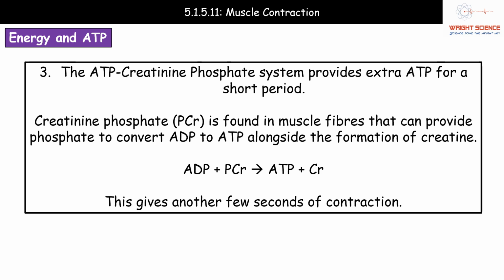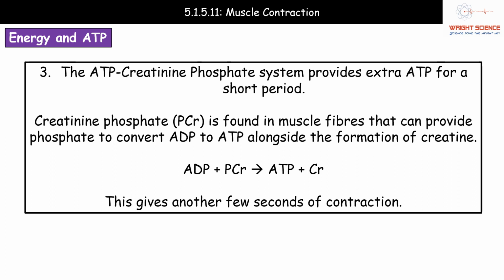The final option available is the ATP creatine phosphate system. Now, the ATP creatine phosphate system is providing a little bit of extra ATP for a short period. So in our muscles, we've got this stuff, creatine phosphate, or PCr for short.